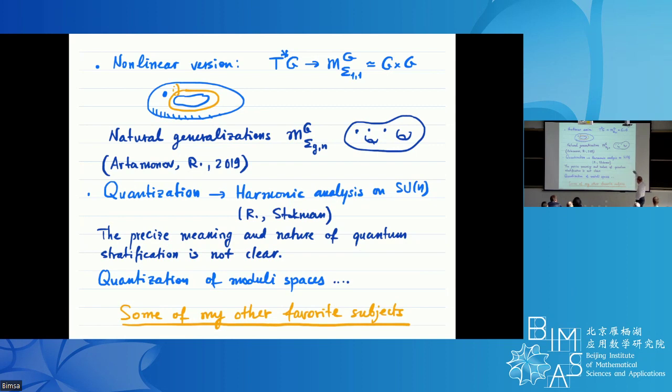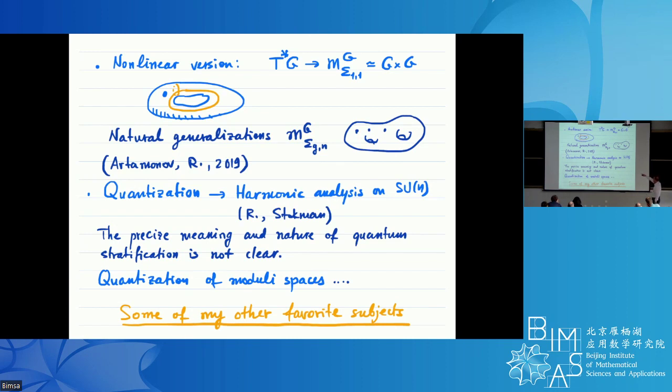If there is a puncture, there is no condition, so this space is isomorphic to G cross G. And from Alekseev, Malkin and Meinrenken, we know that this space has a natural Poisson structure, which is a natural deformation of the symplectic structure that exists on T*G.